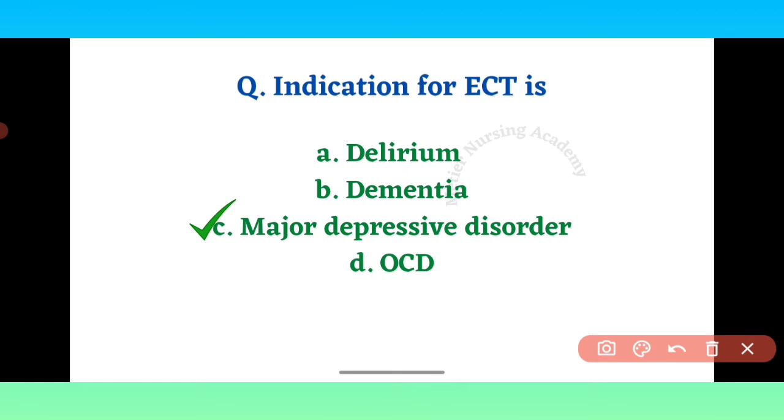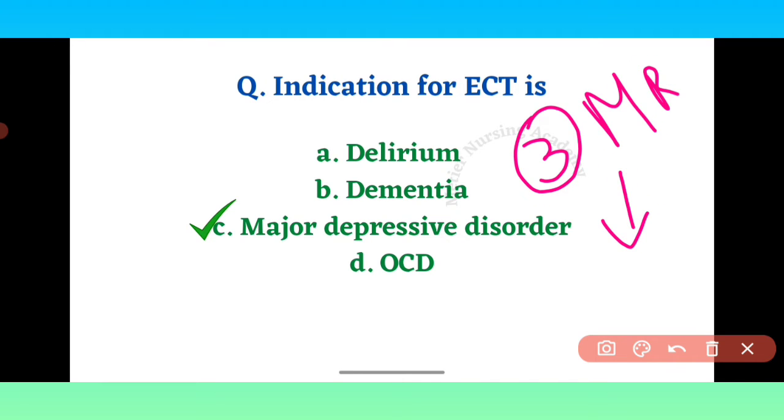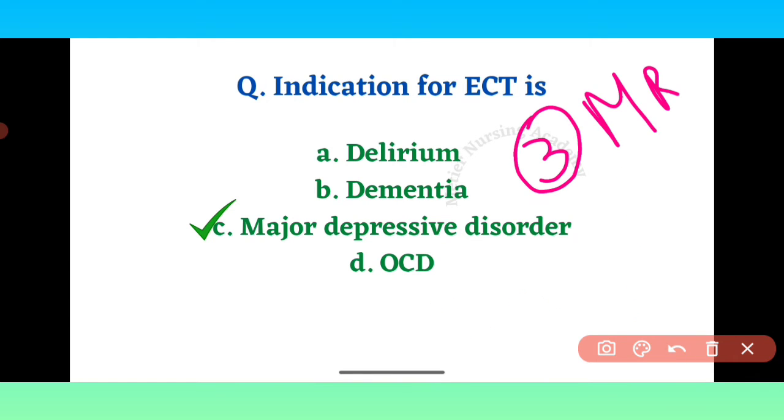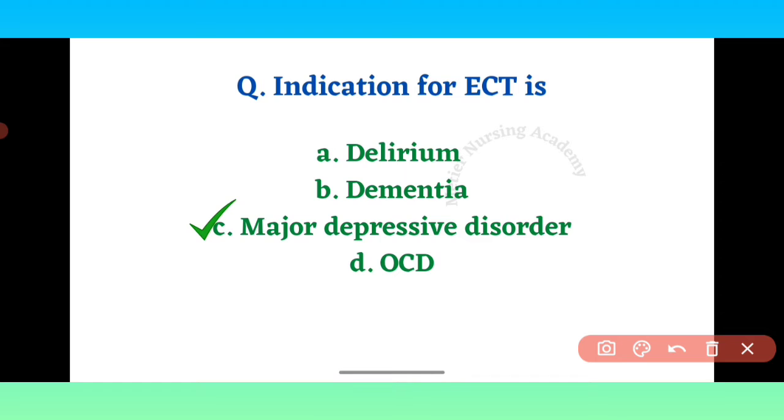And the third golden point is which muscle relaxant we will be using here. We are using succinylcholine as a muscle relaxant. And the fourth golden point is whether you will use atropine during the ECT. Yes, we will be using atropine during ECT. Why?